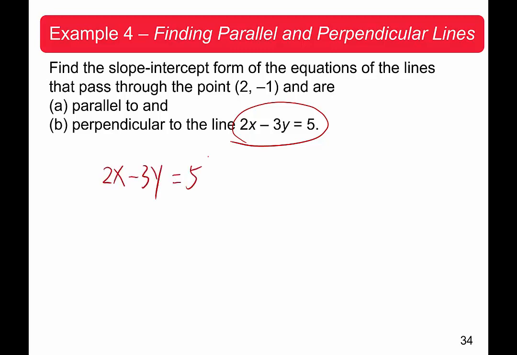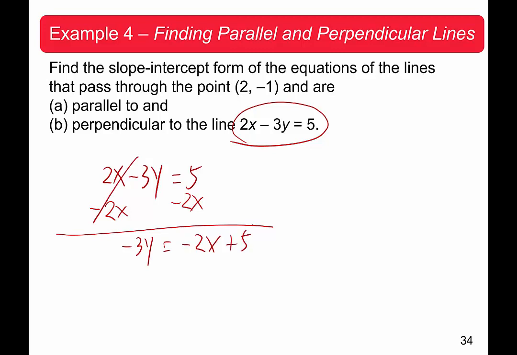and then we're going to solve for y to get the slope-intercept form. The first step, subtract 2x from both sides of the equation. Negative 3y equals negative 2x plus 5. Now we will get rid of the coefficient in front of y, so divide by negative 3 across the left-hand side and right-hand side of the equation, then simplify, and we'll be able to find the slope.